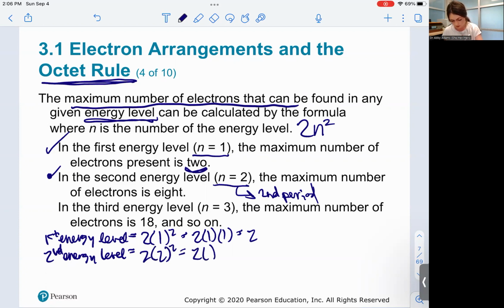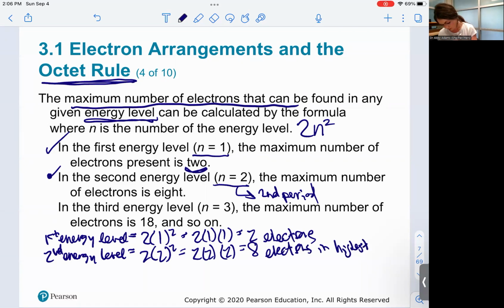So that's 2 times 2 times 2. 2 times 2 is 4. 4 times 2 is 8. So here you can have 8 electrons in the highest energy level. And so you'll have atoms that have a total of 8 electrons in that highest energy level. And once again, those are going to be stable atoms of that element. Okay, those elements are going to have very stable atoms. They're not going to be very reactive.